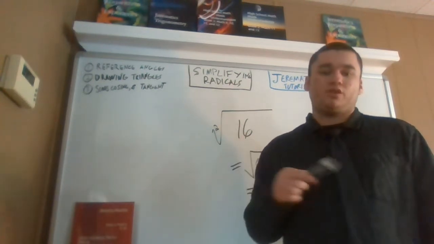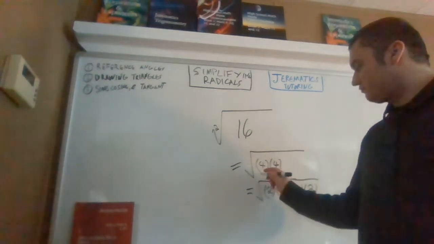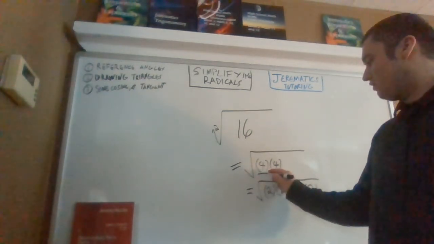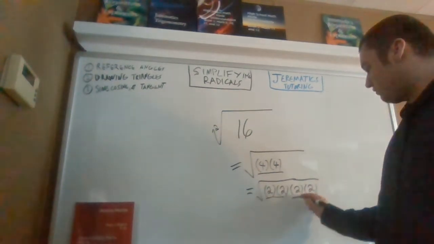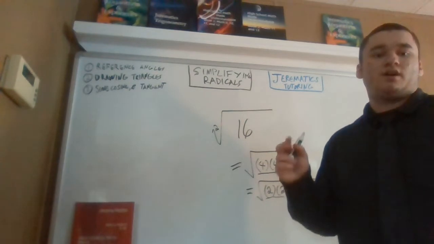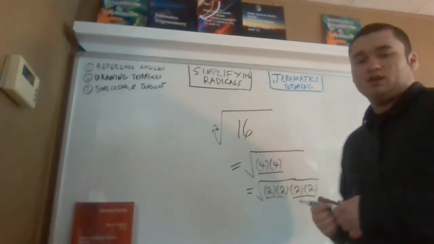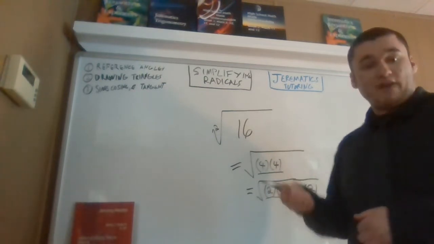And if you're square rooting, you're looking for factors that occur twice. And what you do with these factors is you underline them, and you separate them into groups of n. So since the index is 2, you separate into groups of 2, if the factors are the same.